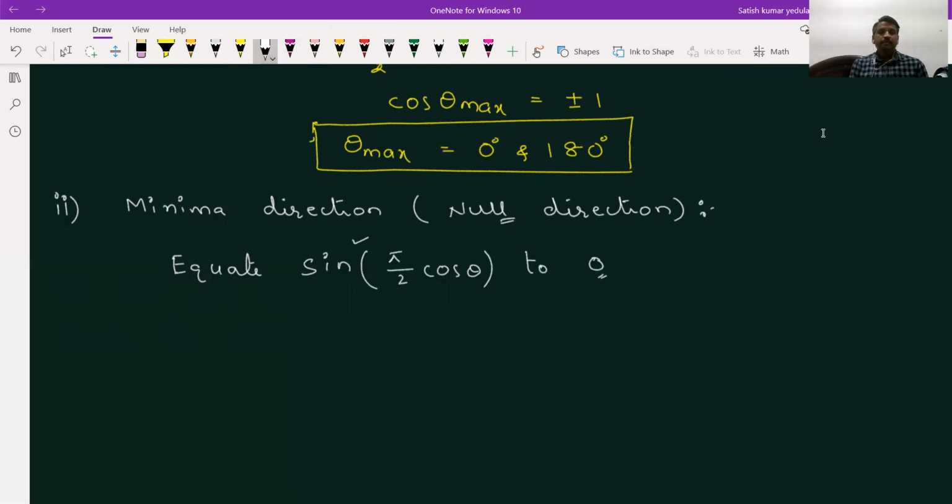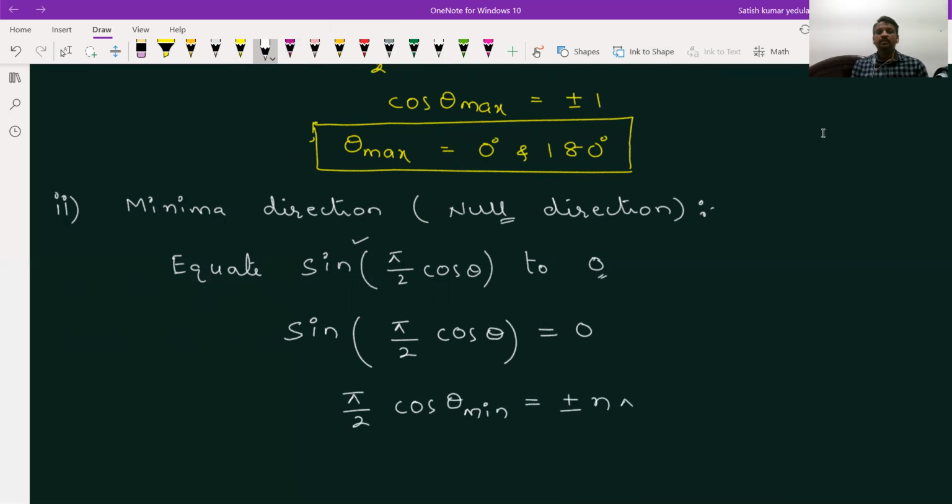So equate this now. Sine of pi by 2 cos theta is equal to 0, and pi by 2 cos theta minimum is equal to sine inverse 0. So that you will be getting for the case of plus or minus n pi, where n equals 0, 1, 2, 3, and so on.